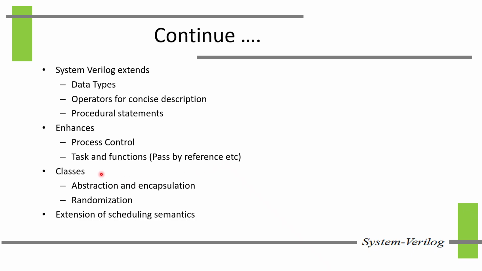A big feature that was added in SystemVerilog is classes and OOPS concepts. Basically, these concepts allow abstraction and encapsulation, and then randomization. Then scheduling semantics also got enhanced because of these new constructs.